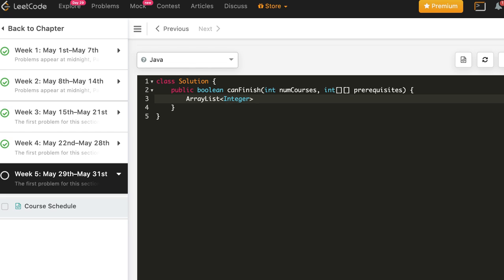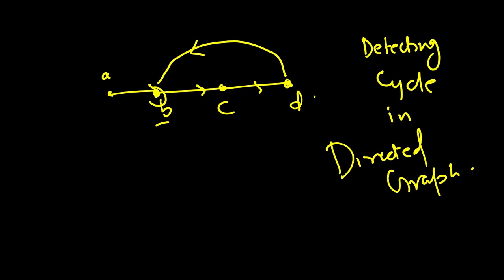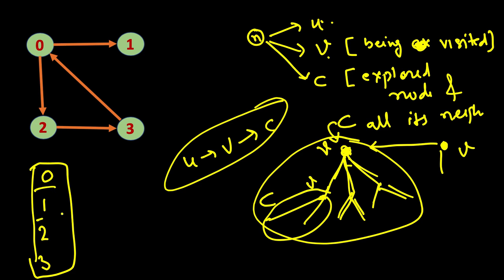So we will create an adjacency list, which will denote the nodes which are adjacent to a given node. Let's look at one of the examples. The adjacency list for this will be one head for each course or each node. So this is one main vector, and each of them is a vector in itself, which stores the adjacent nodes.